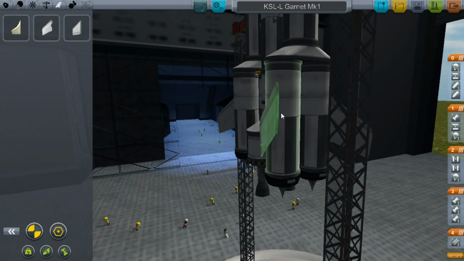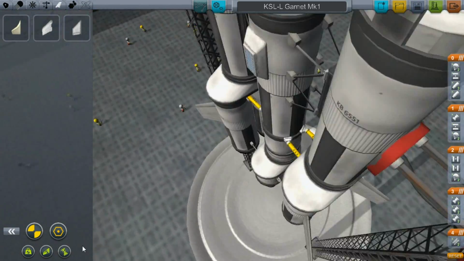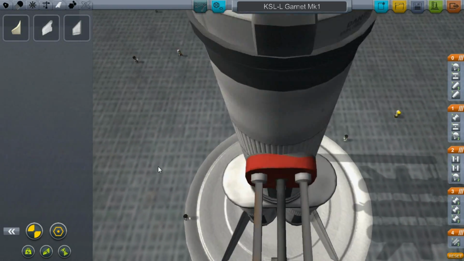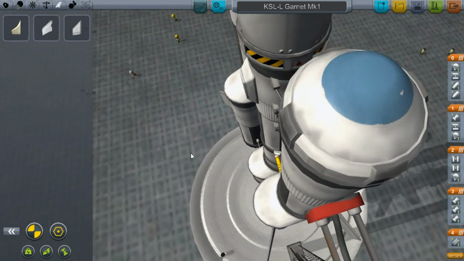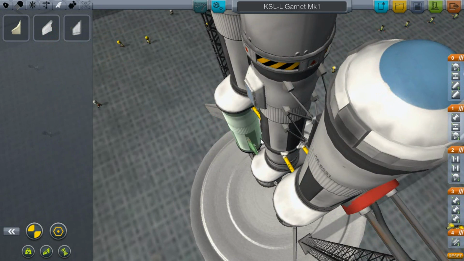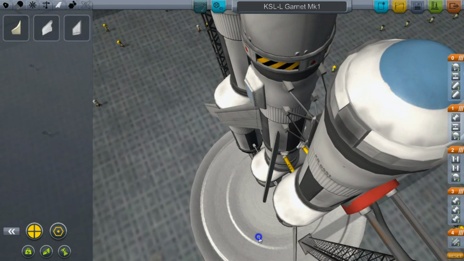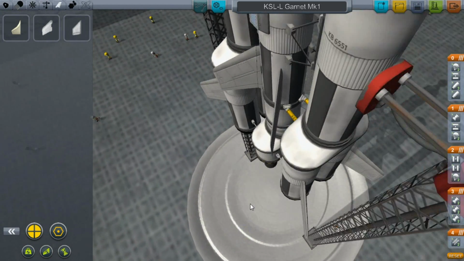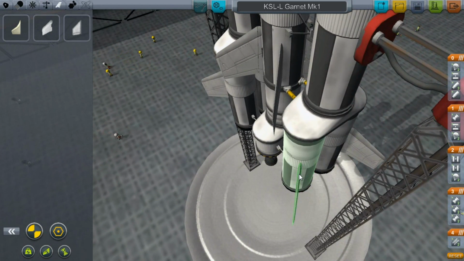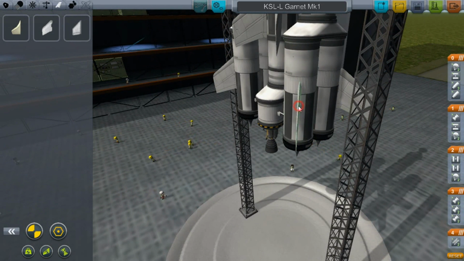You could get a closer answer by fudging or interpolating a median value for the ISP somewhere between sea level and vacuum, but I'm content with using the one ISP value for sea level since it builds in a safety factor by underestimating the capability of the rocket. I'd rather overbuild a rocket that will do more than I expect than have an underperforming rocket that gives me unpleasant surprises when it runs out of fuel halfway into orbit. But that's just me.